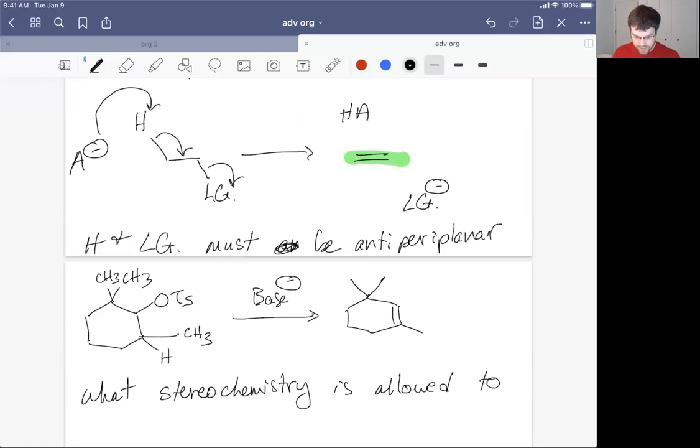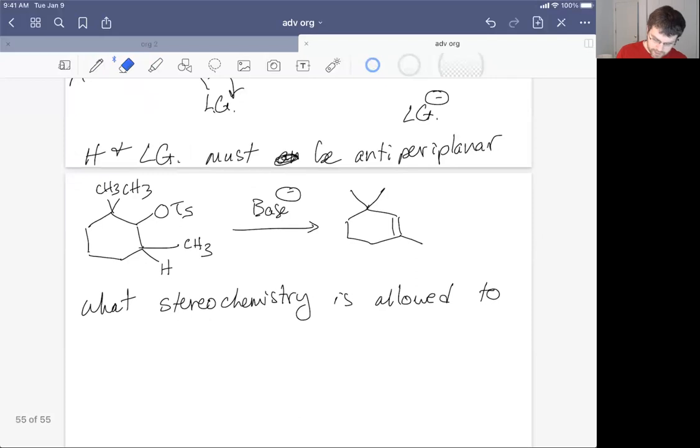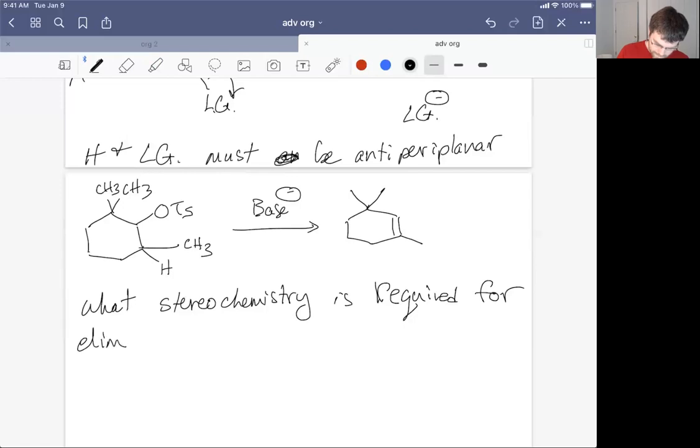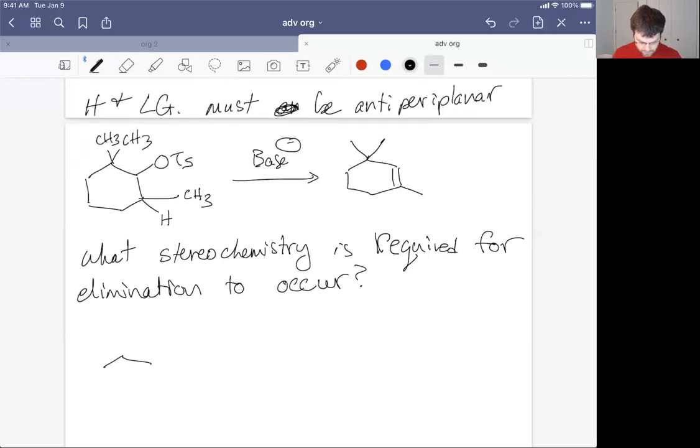What stereochemistry is required for elimination to occur? Okay, so let's consider our options here. We could have the OTS as a wedge, the CH3 as a dash, and the hydrogen as a dash.